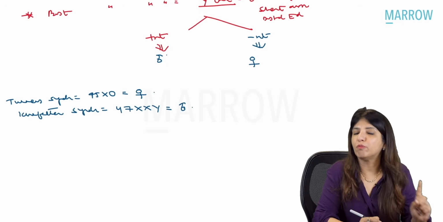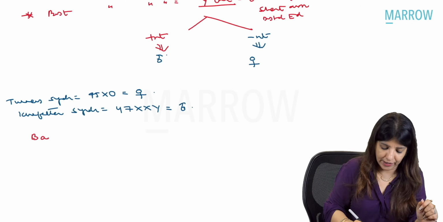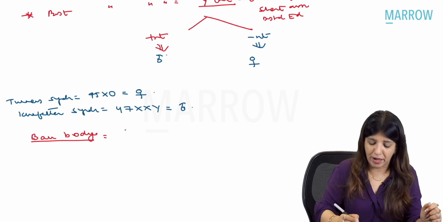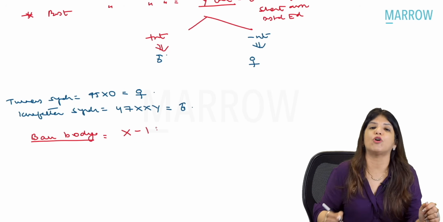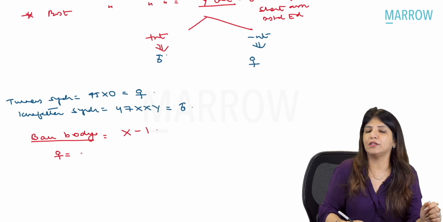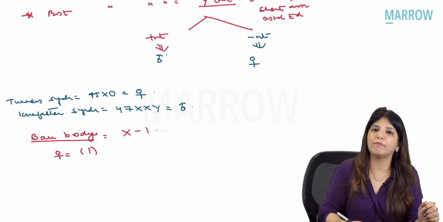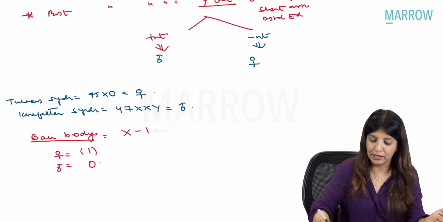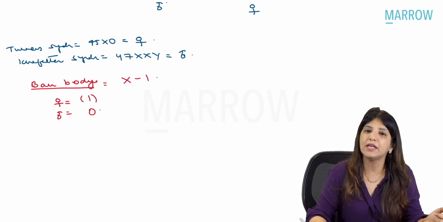Now, there is one more method of sex determination, and that is by counting the number of Barr bodies. How do you calculate the number of Barr bodies? The number of Barr bodies is the number of X chromosomes minus 1. So, in a normal female, the number of Barr bodies will be 1 because the karyotype is 46XX, and in a normal male, the number of Barr bodies will be 0.